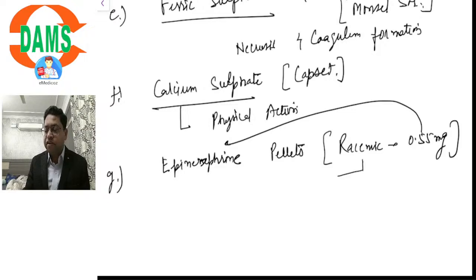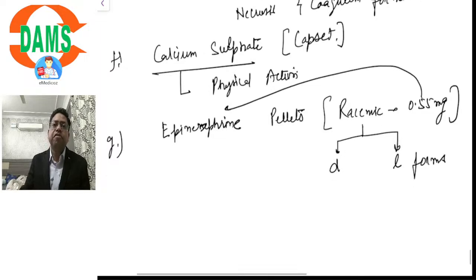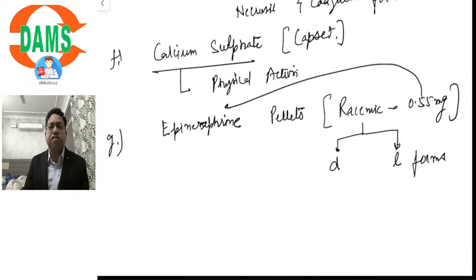Racemic means it consists of both dextro and levo forms. You must know what a racemic mixture is. The levo form of epinephrine is the active form.